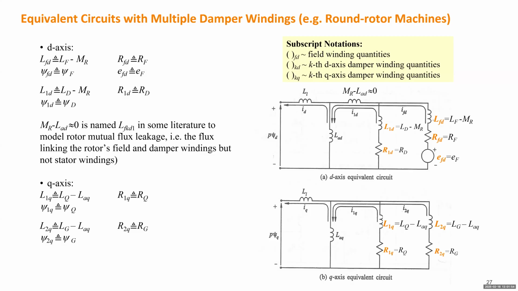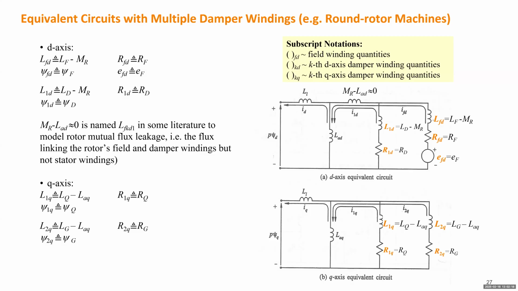For instance, this inductance is on the branch related to the damper winding in the D axis. We just call it L1D. D means D axis, and 1 means the first damper winding. So R1D means the resistance of the first damper winding in the D axis.